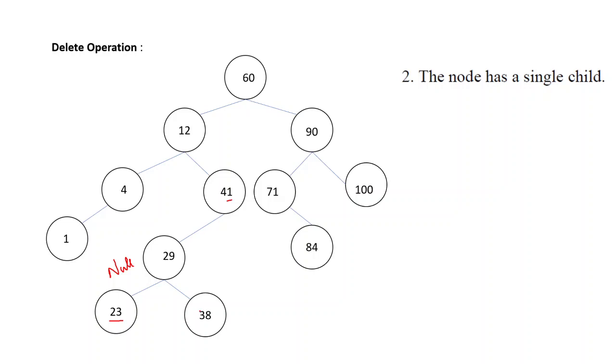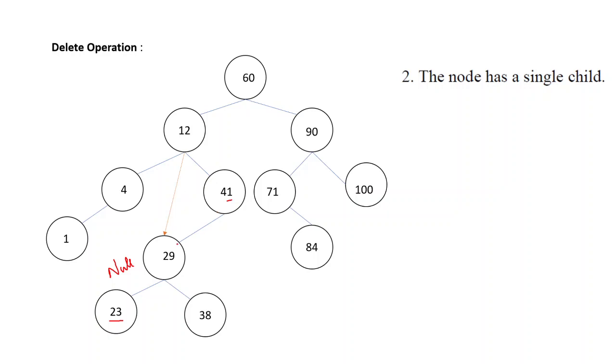So if this is to be deleted, that means 12 needs to point at the child that this node to be deleted points to. So you will have to make the right child pointer of this node point to the value contained in the pointer of the child node of this node.